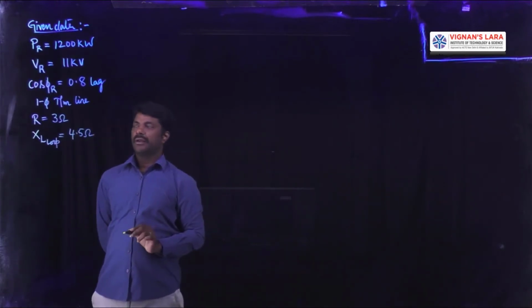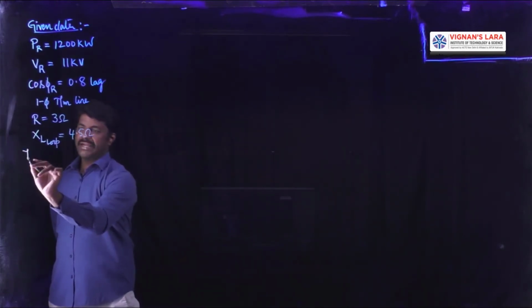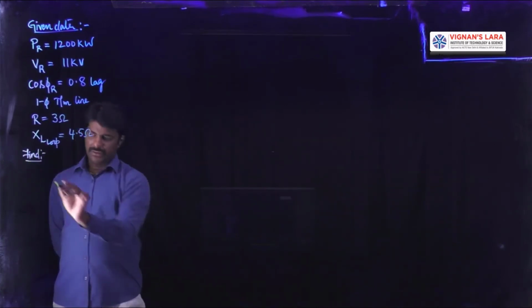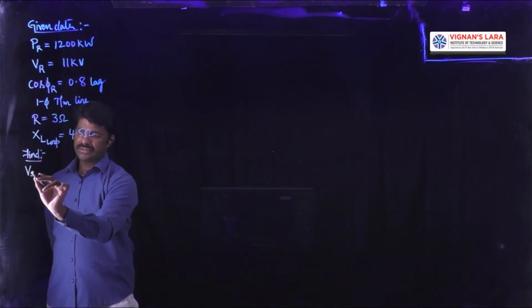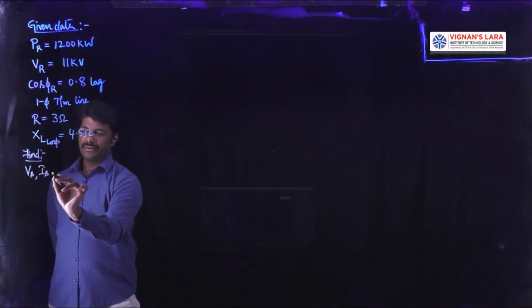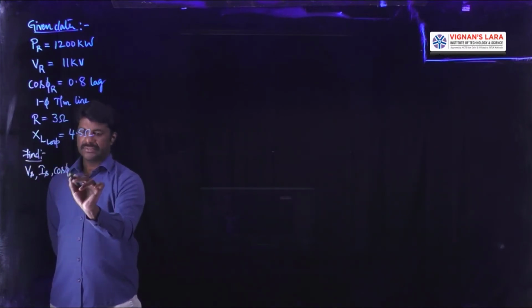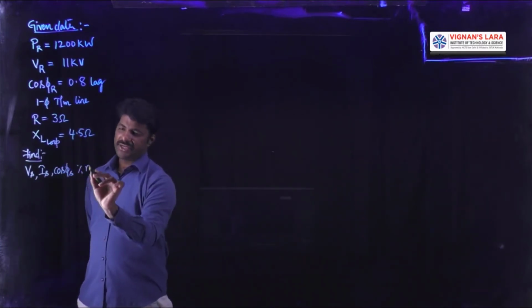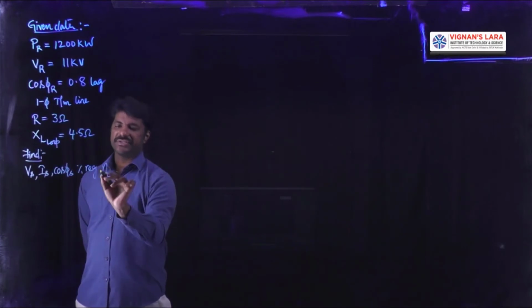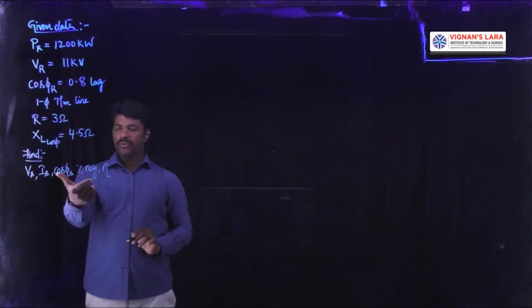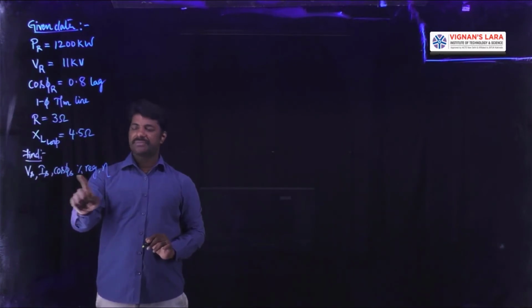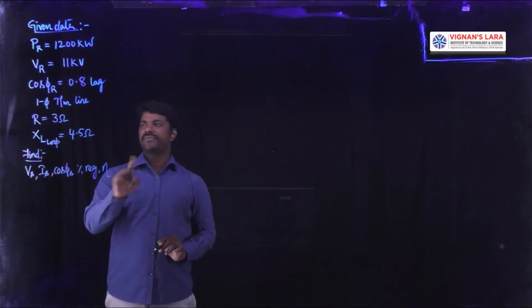Now they are asking us to find the magnitudes of Vs, the sending end current Is, the power factor cos phi s, the percentage regulation, as well as the efficiency. In total, 5 quantities are to be calculated: Vs, Is, cos phi s, percentage regulation and efficiency.